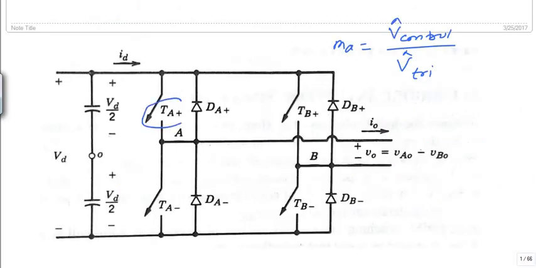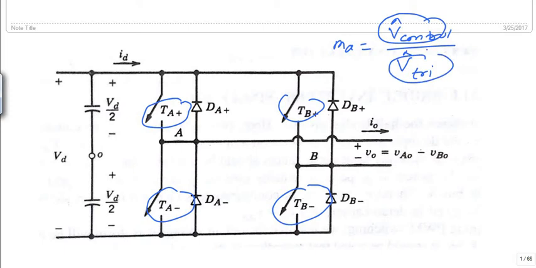Here the switches TA plus, TA minus, TB plus and TB minus are controlled based upon the comparison of this V control and V triangular, and the output voltages VA0 and VB0 do not depend upon the direction of this current, only upon the comparison of V control and V triangular.